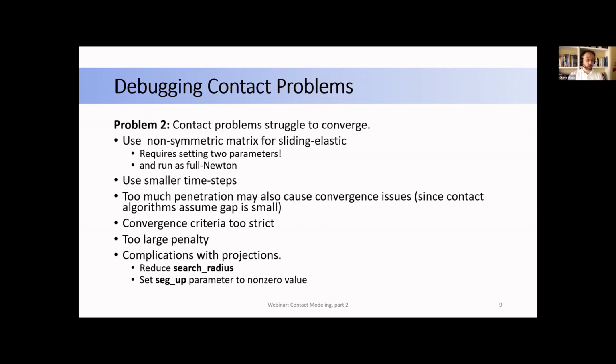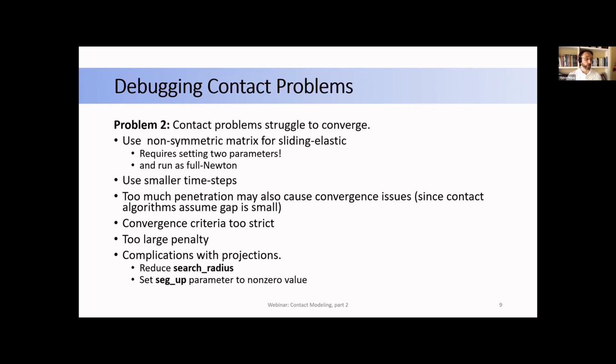You have to set that flag in two different places, and I'll show that in a minute. Sometimes when the contact is evolving rapidly, it runs better if you use the full Newton method. And again, I'll show you in a second where you can find that setting.